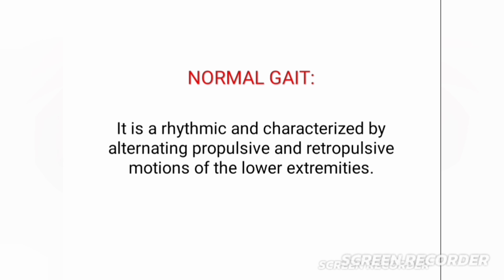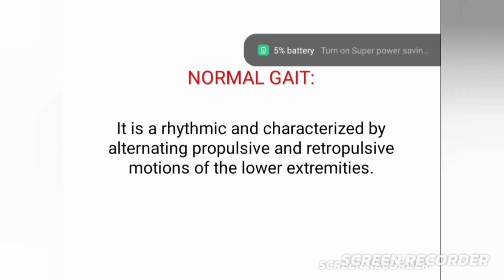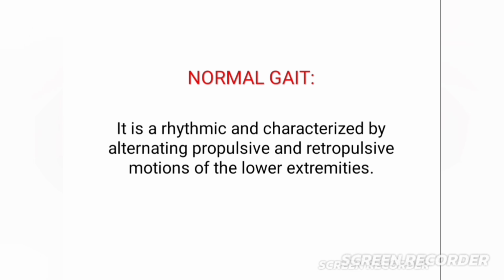So when one foot touches the ground in the forward direction, and at the same time your other leg pushes off the ground behind, that is the retropulsive motion. This rhythmic movement of your lower extremity is called the normal gait.